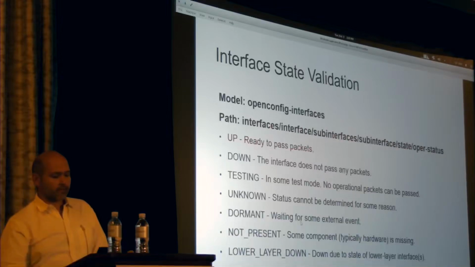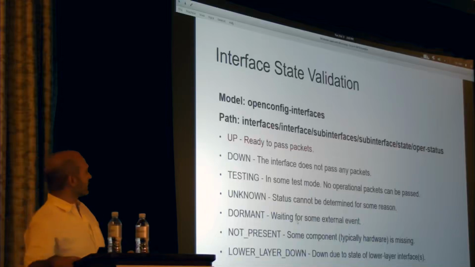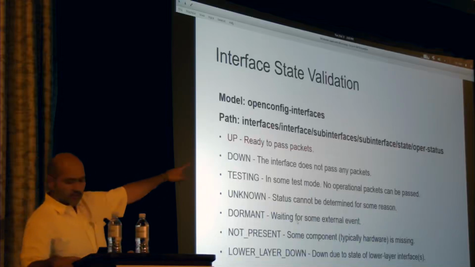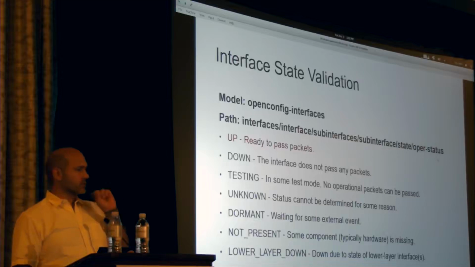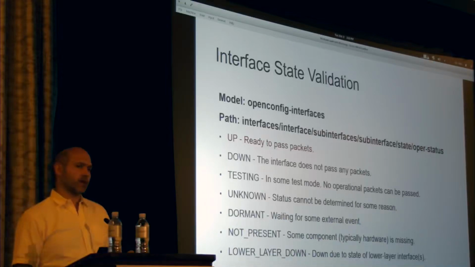The path that is going to be used to monitor the interface is the operational status under the sub interface. So I'm going to look for the operational status on GigabitEthernet0/0/0 on the IPv4 sub interface, and I'm going to look for that operational status to show up. These are all the possible states that you can have associated with operational status.